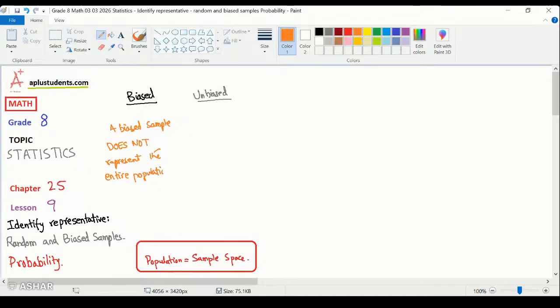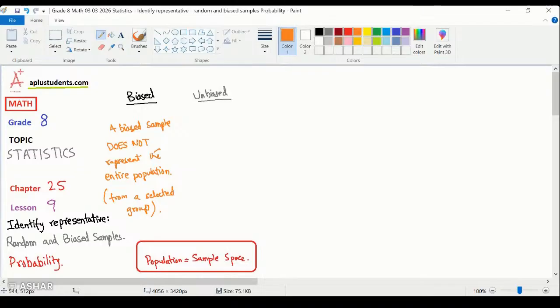That means we handpick from a selected group. That means the question is not asked from everyone, it's just asked from selected people, right?